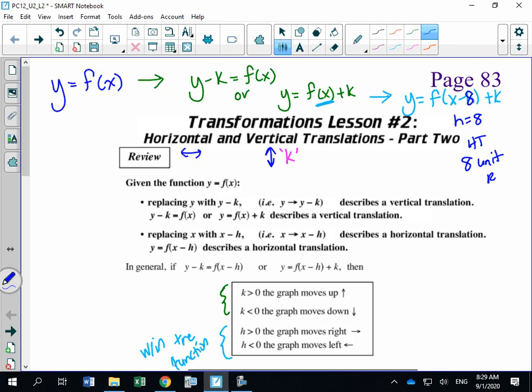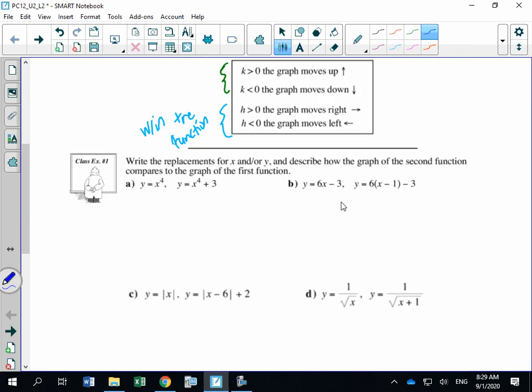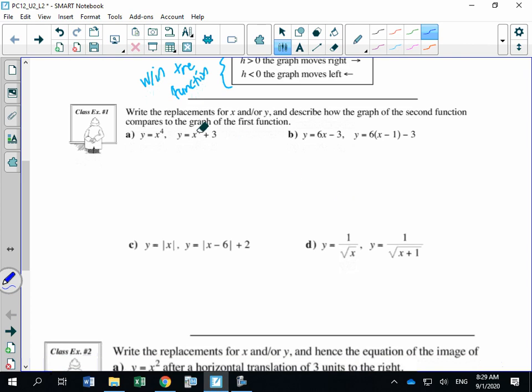Okay, so let's look at class example 1 and 2, which are going to be reviews from yesterday. Write the replacements for x and or y and describe how the graph of the second function compares to the graph of the first function. Okay, so what we have here is y is equal to x to the power of 4. That is our f of x.